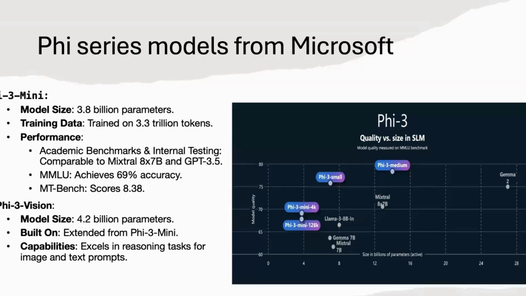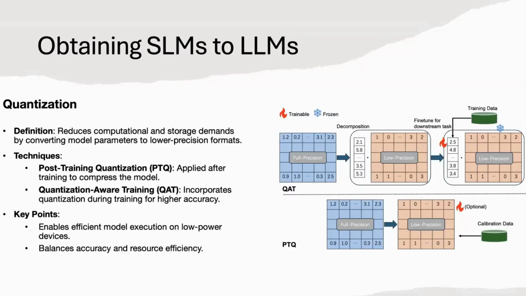There is also one more method which I haven't mentioned here, because I don't want to make this too complicated. It's called LoRa and QLoRa. I don't know if anyone really wants to understand that. You can definitely ping me, I'll explain it to you. It's a very famous method to build or fine tune a small language model.